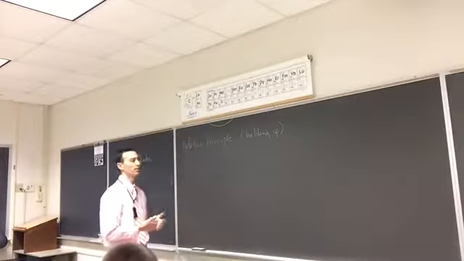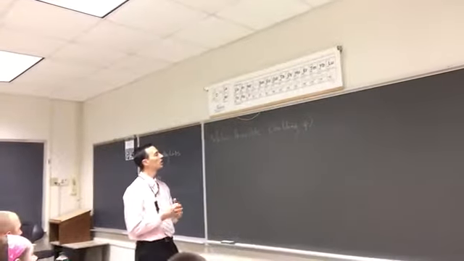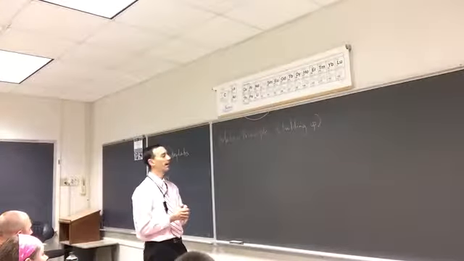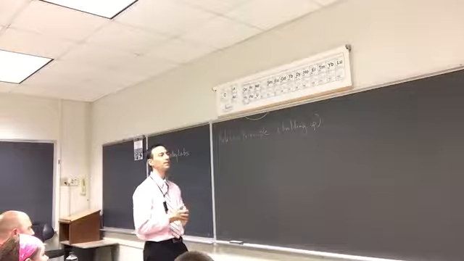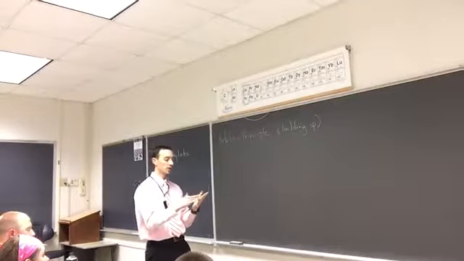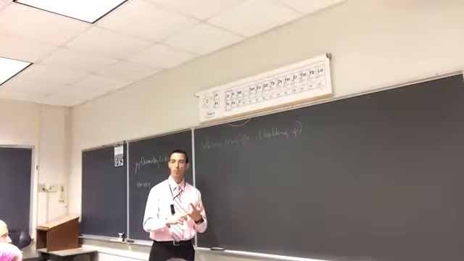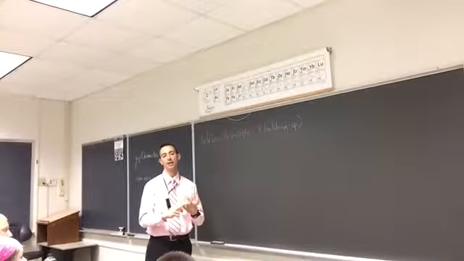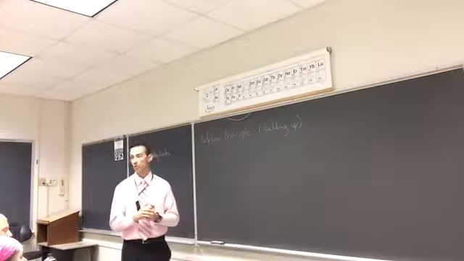Okay? So the question then becomes, how do we arrange those electrons into the many different energy levels, sublevels, and individual orbitals that we talked about last class? And that's what the Aufbau principle is.